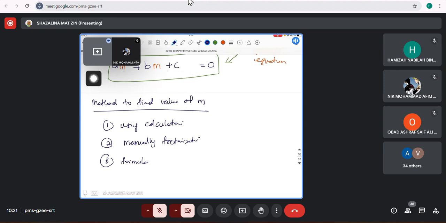In your calculator, it's not m, it's x, but it's the same.